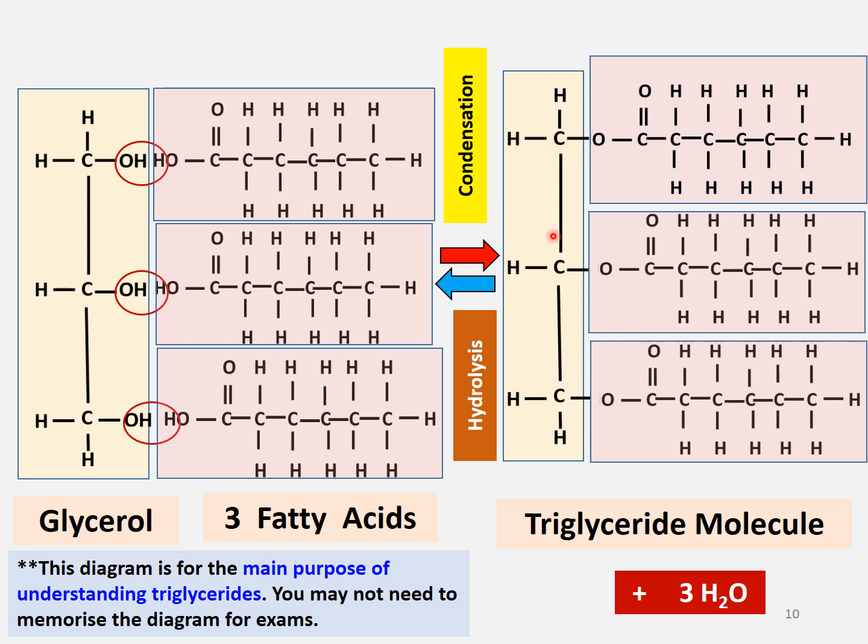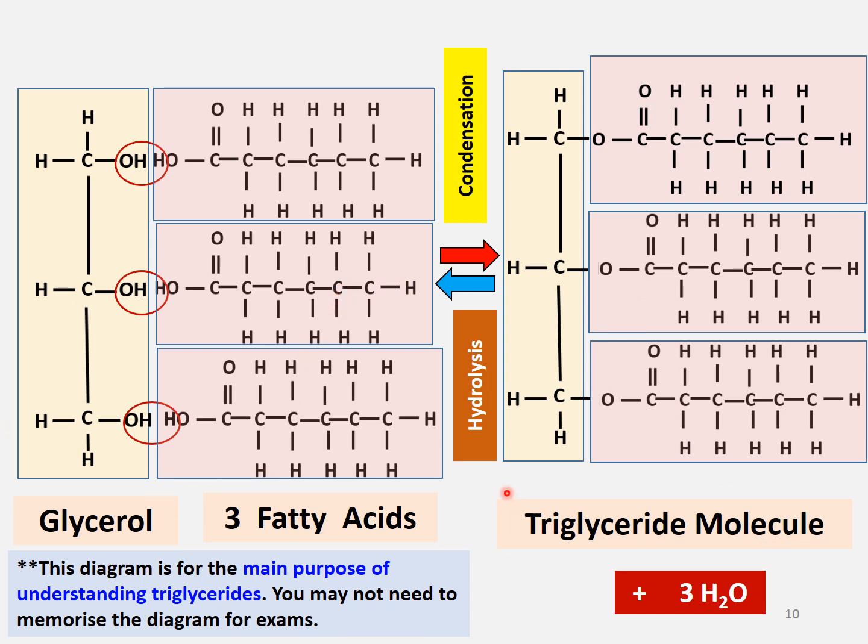It has 3 carbon atoms here, and then it forms a bond with the 3 fatty acids. Okay, but what happens in between here? 1 water molecule has been removed. Okay, and then the reverse process is the breakdown of the triglyceride to form the glycerol and fatty acids again.